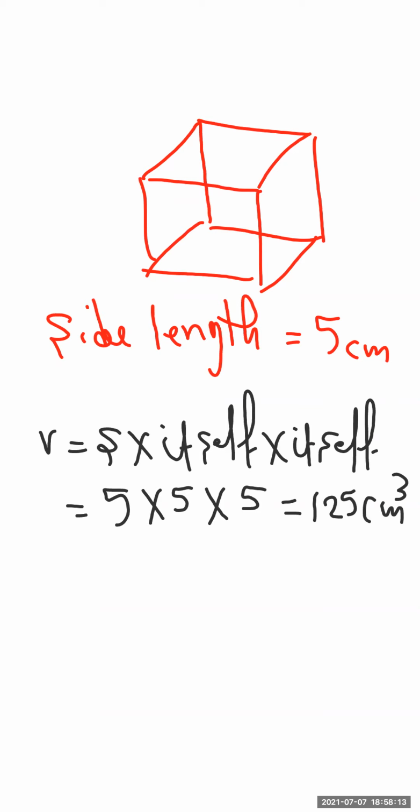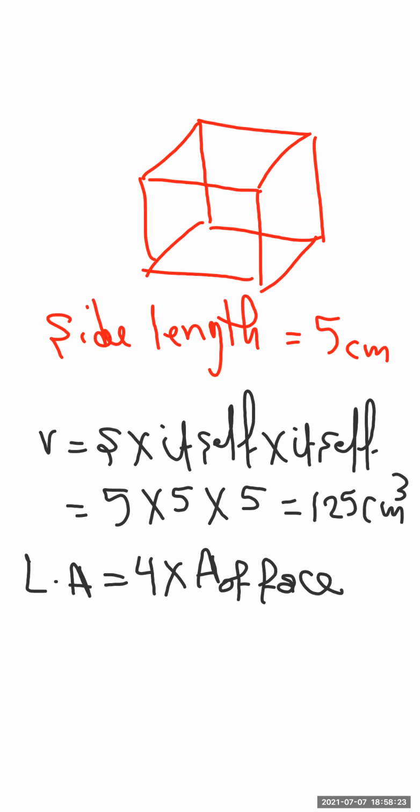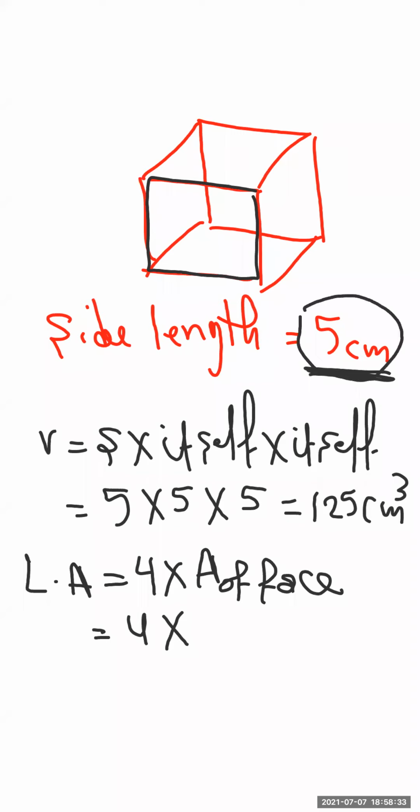If I want to get the lateral area, we said that lateral area equals 4 times area of face. We said that the face is a square. Its side length is 5. So the area of face will equal 5 times 5.